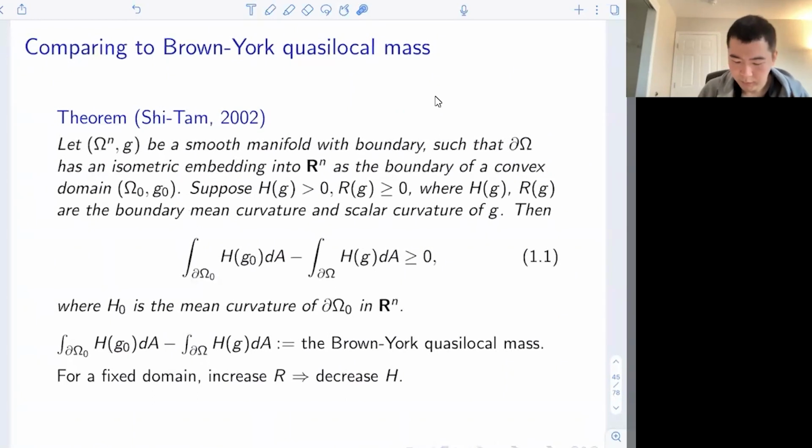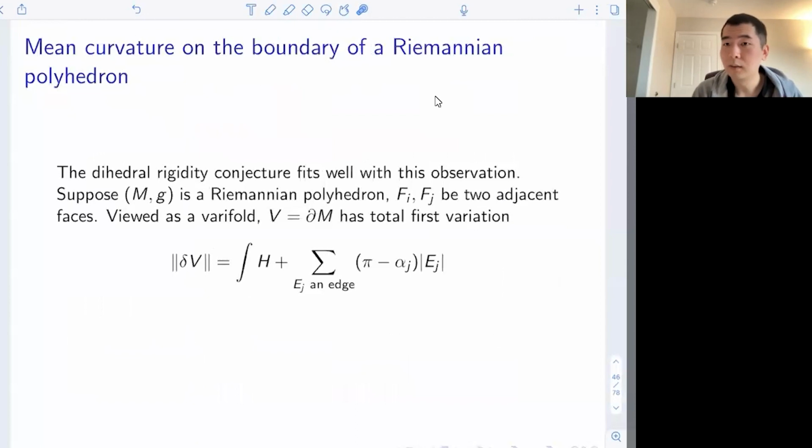All right, so the takeaway here is that for a fixed domain, if you want to increase the scalar curvature, then you're going to decrease the boundary mean curvature. It's saying exactly the same phenomenon as the polyhedral comparison says, right? Because if you view the Riemannian polyhedron as, let's say, a varifold, then the total first variation, namely the total mean curvature in the weak sense of its boundary, is of course the integral of the mean curvature on the smooth parts, plus pi minus alpha j, the exterior dihedral angles along each edge, times the length of the edges.